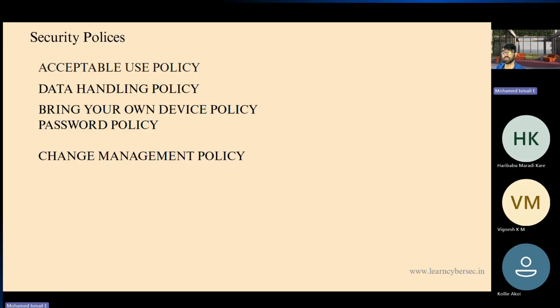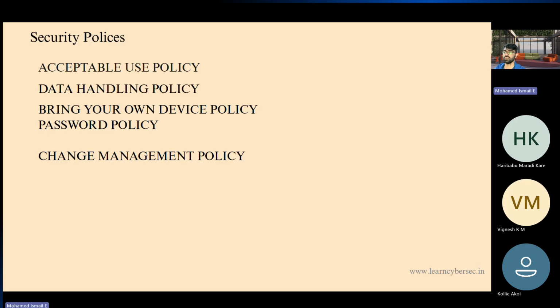For example, if you use a company mobile device, the company has full rights to wipe it out if the mobile is stolen or the employee is terminated. The company can run a script and that tool will delete everything on the mobile device. That is the acceptable use policy. Data handling policy: when you use a company asset, how the data would be handled and where your data will be stored fall under the data handling policy.